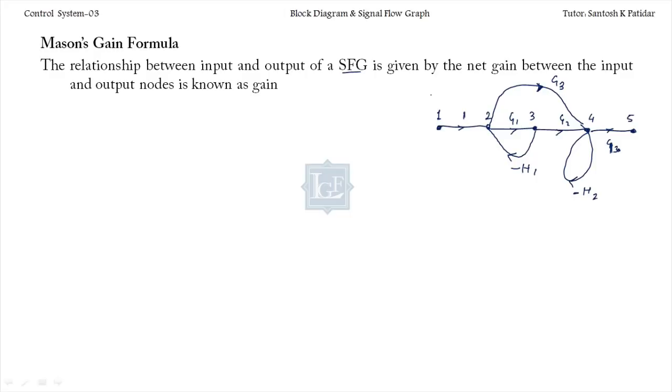So this is the complicated circuit. Here it will be input, here it will be output. And what is our task? What is the transfer function of the given SFG? Ultimately you have to find out C by R. By which method will we solve it? By Mason's gain formula. So what is the Mason's gain formula?